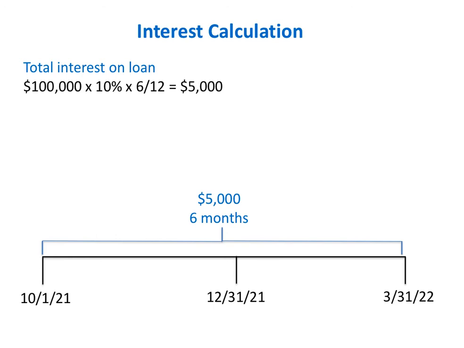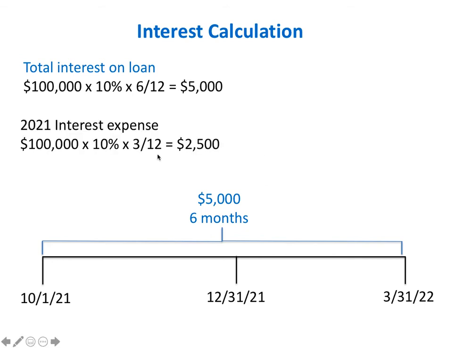However, the note is issued in one reporting period and matures in the next reporting period. So the $5,000 of interest has to be allocated and accrued to the first reporting period for the 3 months that the note is outstanding in 2021.